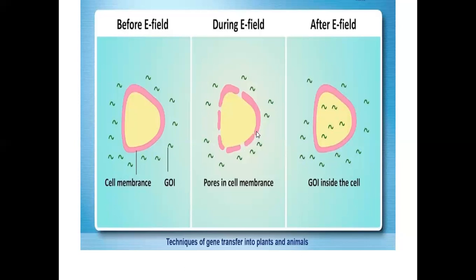When we supply power to the electrodes, the target plant cell plasma membrane shows a pore-like appearance. If pore-like structures are visible on the plasma membrane, the gene of interest or target DNAs easily enter into the target plant cells. When the target plant cell has received the gene of interest, the plasma membrane converts again into normal condition, means the pore-like structures are closed after receiving the gene of interest.